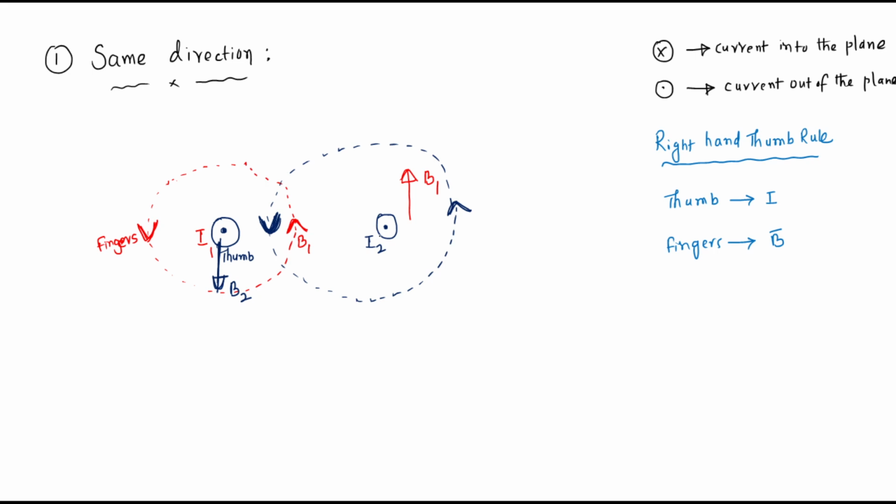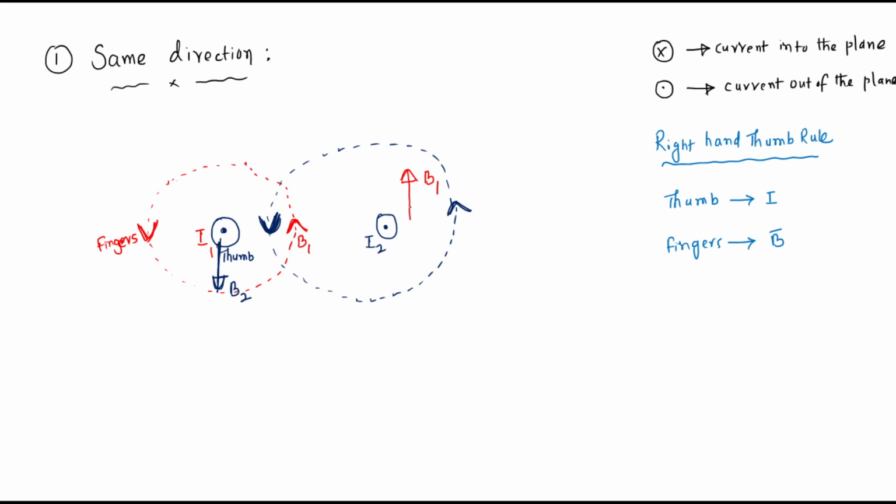Let us consider this thumb. B2 is in the downward direction, and the current I1 is in the direction of dl vector. Like that, I2 is out of the plane and B1 is in the upward direction.